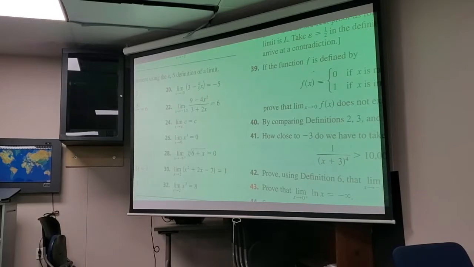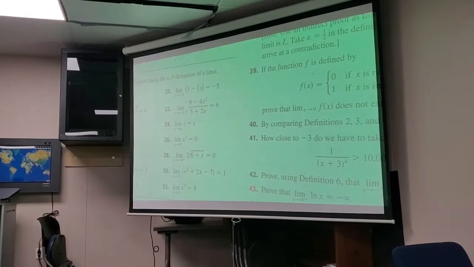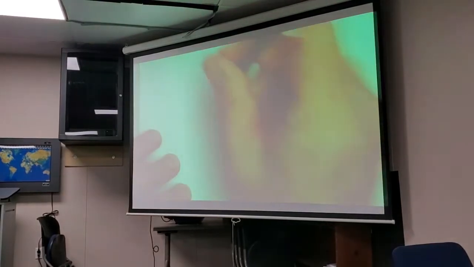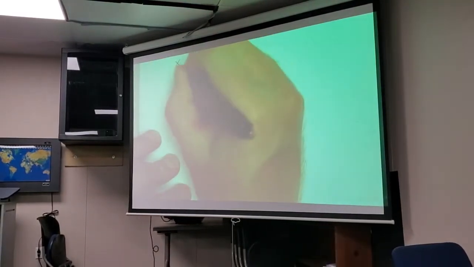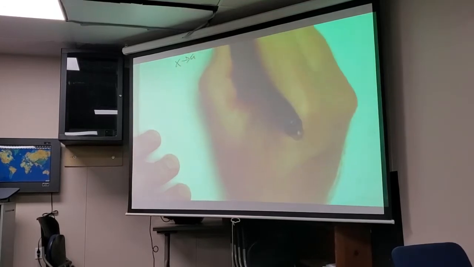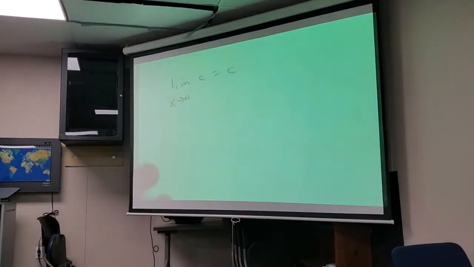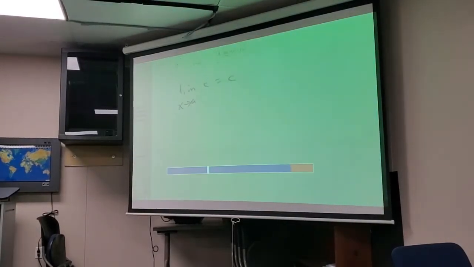Let's do this, because this will be a nice review of what you have to write for these proofs anyway. So we're trying to show the limit as x goes to a of c equals c. Can somebody tell me what is f of x? Let's identify a few things.